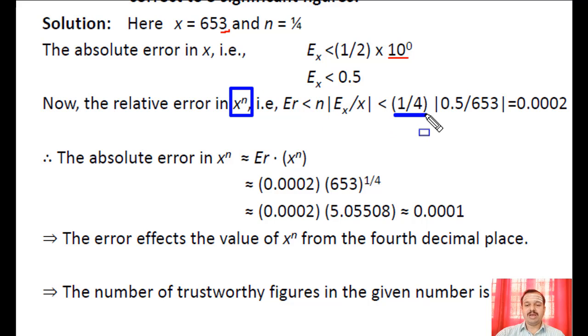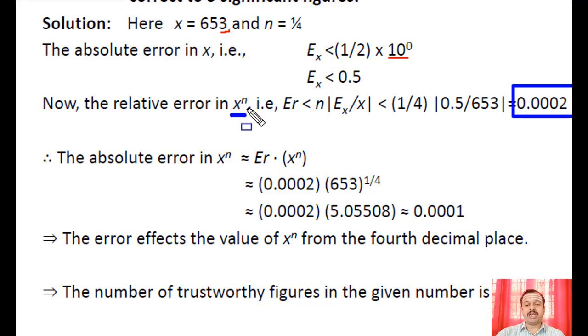The modulus of ex, which we just computed as 1 by 2, is in the numerator, divided by x, the base number 653. If we evaluate it, we get the answer as 0.0002. This is the relative error in x to the power n.